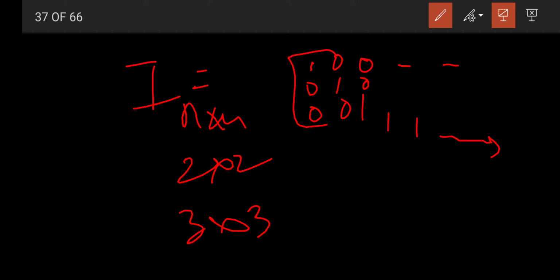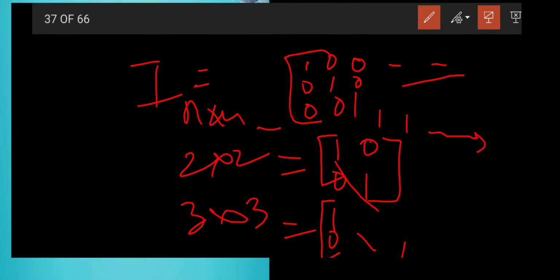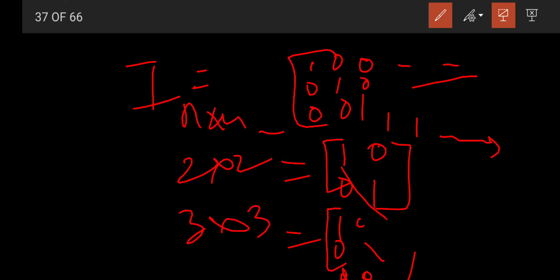So what is the identity matrix for a 2 into 2 matrix? That is 1 0 0 1, right? See, the diagonal value is 1 and non-diagonal is 0. For 3 into 3, this is 1 1 1 with all others 0, right?